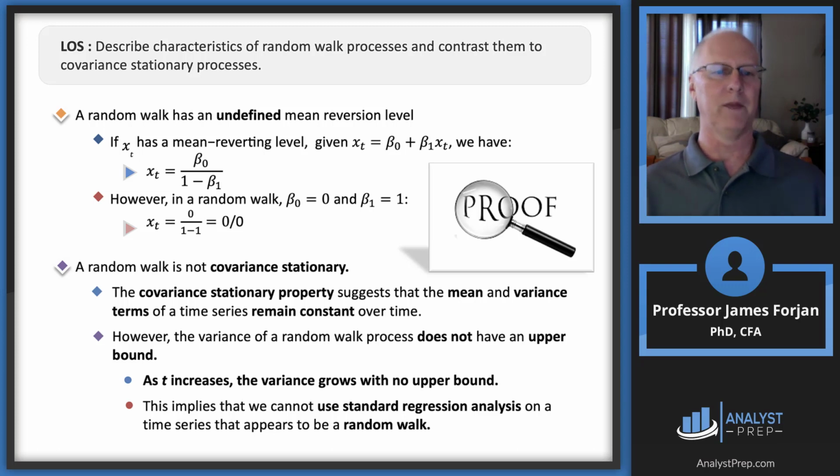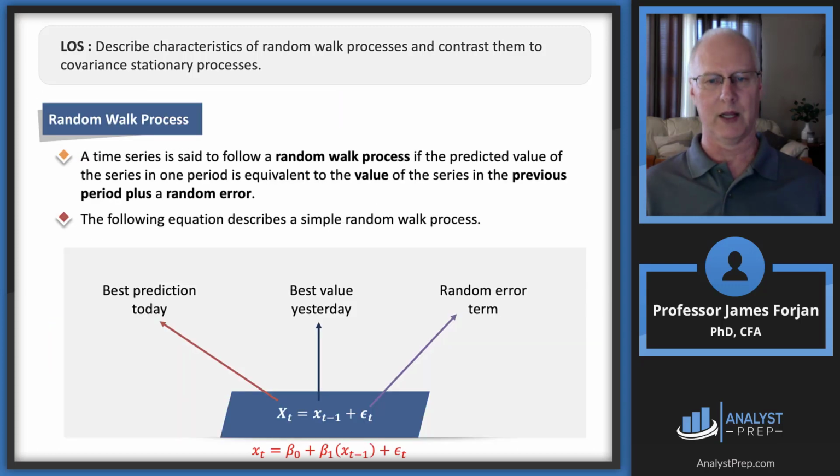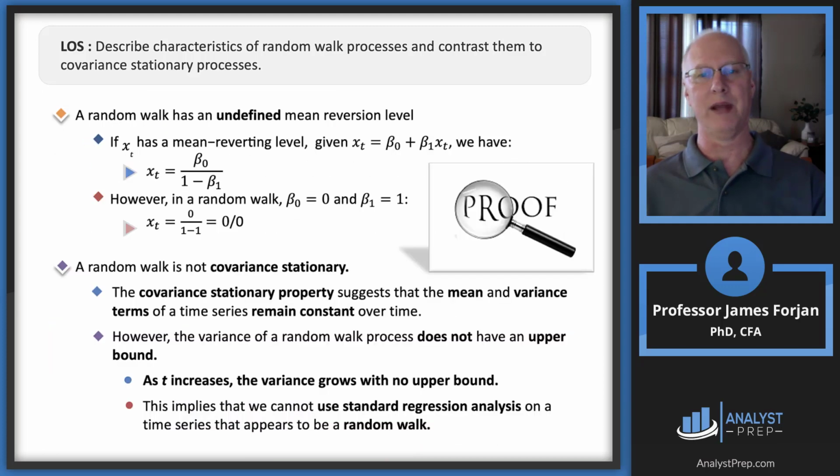But look at the second purple diamond point. A random walk is not covariance stationary. This is super important. So let me go back here. We know that our AR1 models may or may not be covariance stationary, but now we know that a random walk is not.